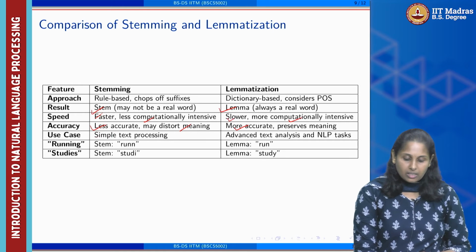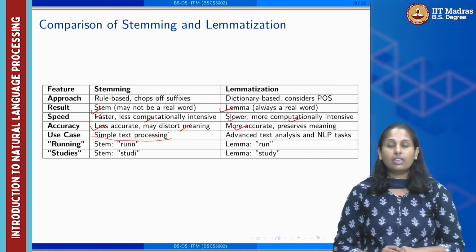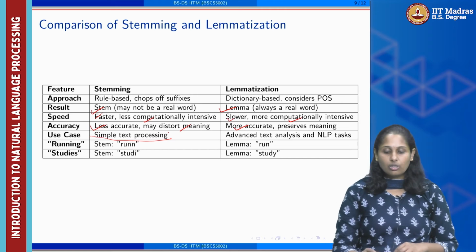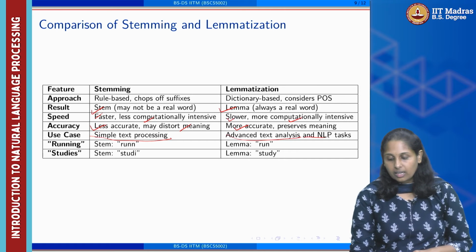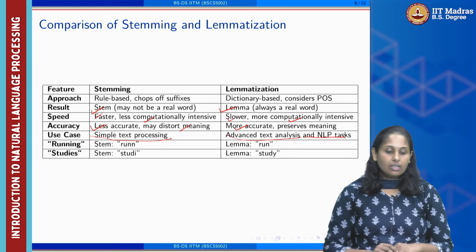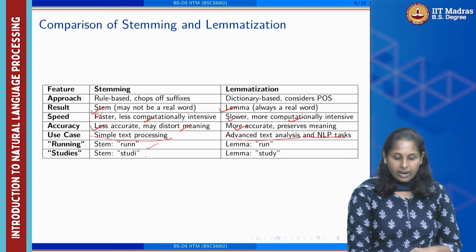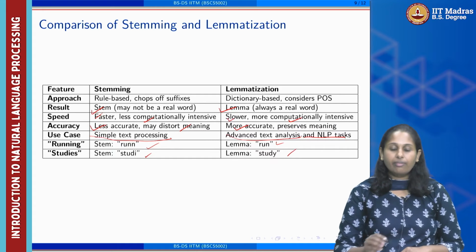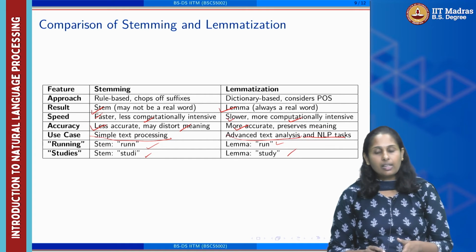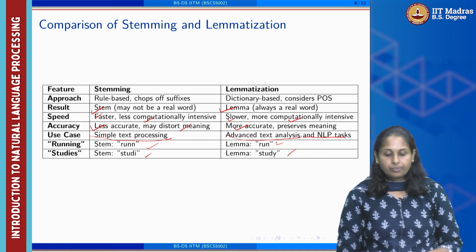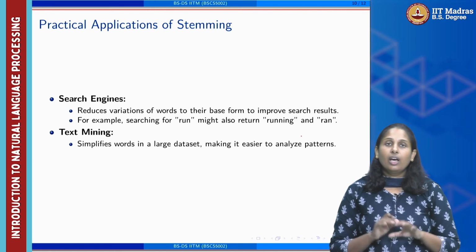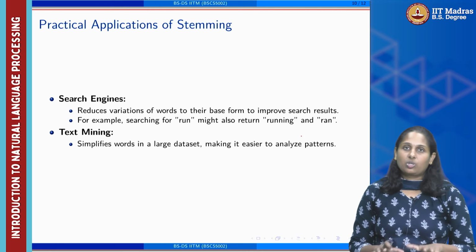And the use case of stemming is simple text processing, whereas lemmatization is used for advanced text analysis and NLP tasks, right. So with the examples of running and studies, you could see the difference in the stemming and the lemmatization part. Okay. Now what are the practical applications of them?